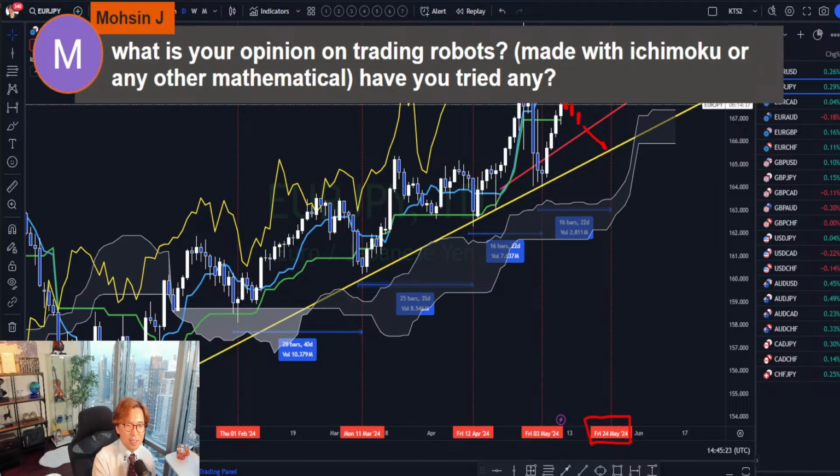It's just my nature. But robots can also be usable. Based on Ichimoku too, it's usable, I'm sure. If you know how to backtest and see the pattern, see the result, then I'm sure Ichimoku will be a great tool also to apply on robots.